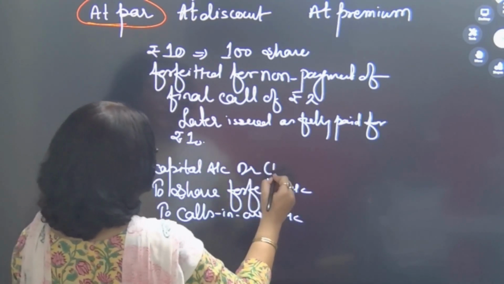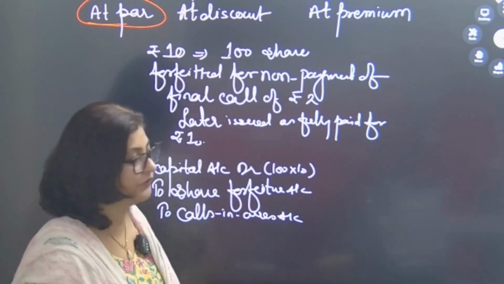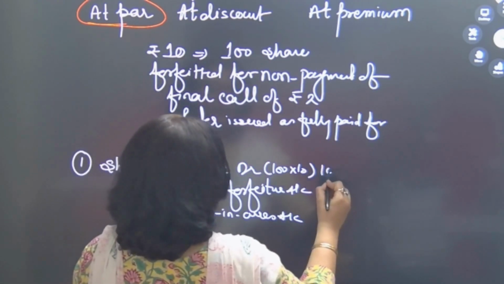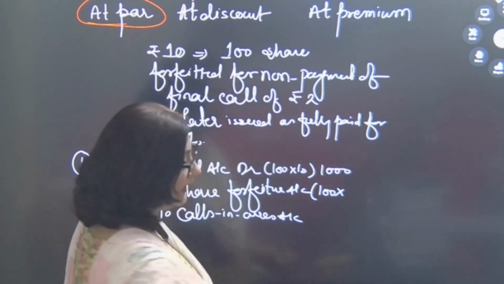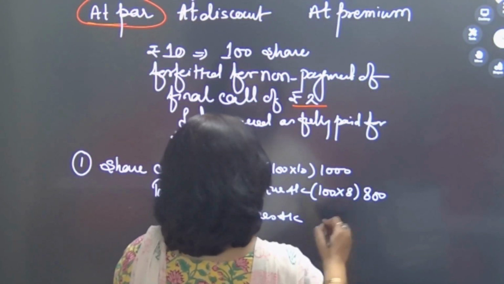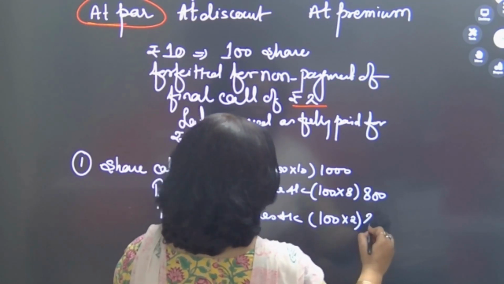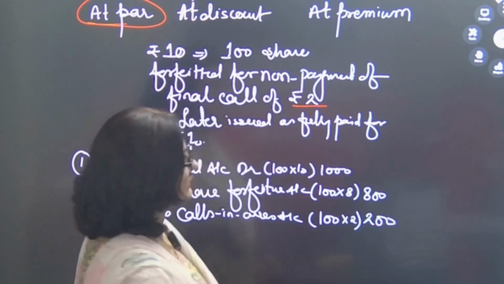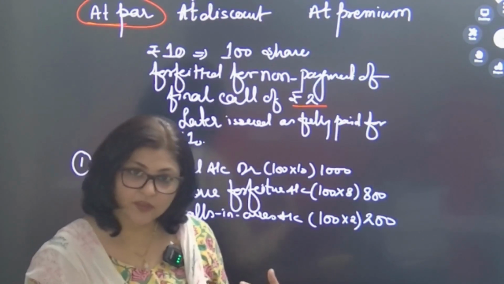Here I am going to write 100 multiplied by 10 because all the money was called up, so the called up money is 1000. Here I write the amount paid. If the shareholder has not paid 2 rupees, the shareholder has paid the remaining 8 rupees. So I will write 800 here, and here 100 multiplied by 2, which is 200. So this is one entry, which is of share forfeiture.